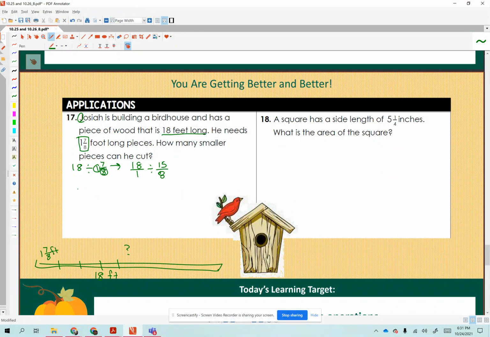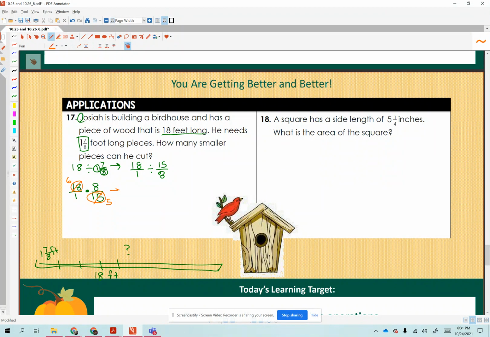So now we're going to use our strategy where we keep the first fraction, we change the division to multiplication, and we invert the second fraction. And then we look to see if there's any place that we can simplify this by dividing on the diagonal. I know that 15 and 18 are both divisible by 3. 15 divided by 3 is 5. 18 divided by 3 is 6.